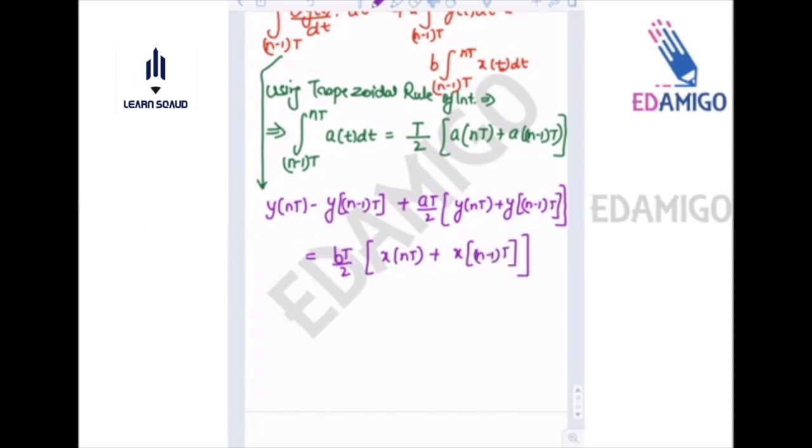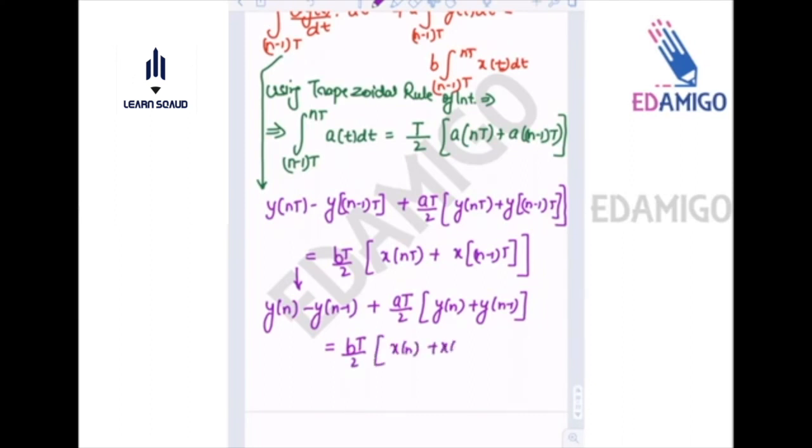Now if I remove capital T from here, because capital T is a constant, the above equation can be written as y(n) minus y(n minus 1) plus AT by 2 times y(n) plus y(n minus 1) is equal to BT by 2 times x(n) plus x(n minus 1).